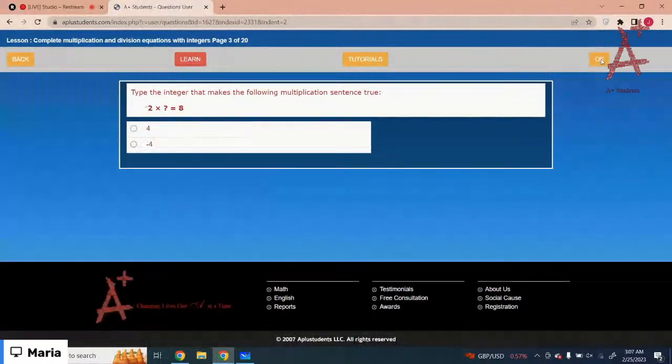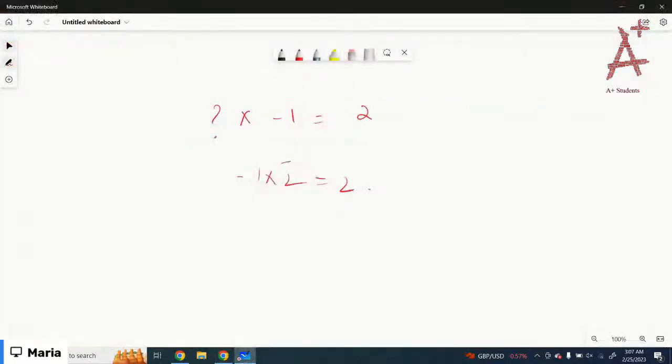The next one is negative 2 times missing number equals 8. Just look at the product. The product is positive, so if you have one negative number, the other number is also negative.